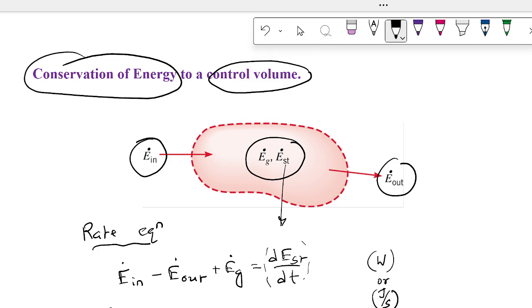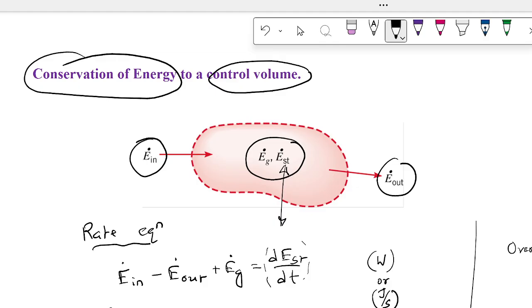Okay, for over a time interval, as we've seen, you have to multiply with del t in every term.